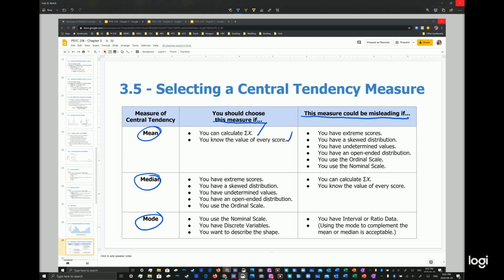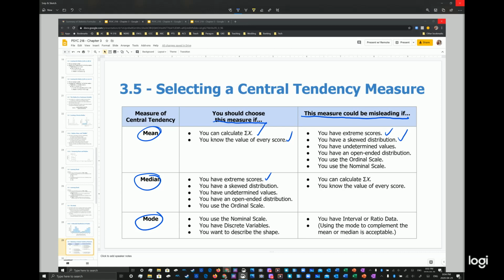Okay. For the median, if I look at the distribution and I know I got some extreme scores, you might think, wait a minute. If I have extreme scores, that could really pull the average in that direction, whatever the direction of the extreme score is. So we know the extreme scores would make the mean misleading, and extreme scores mean the distribution is skewed.